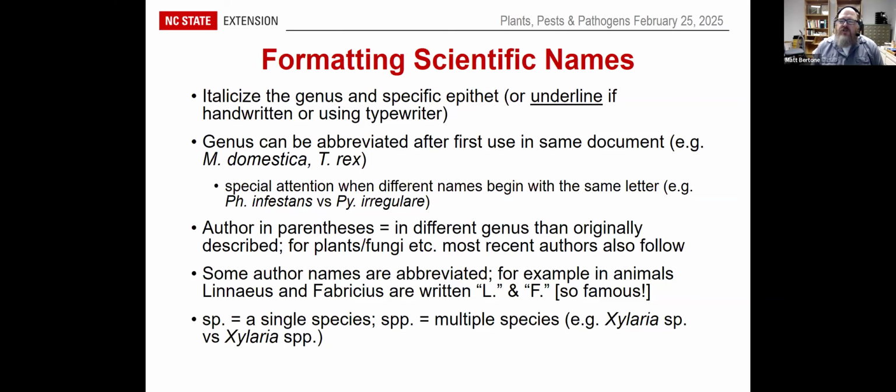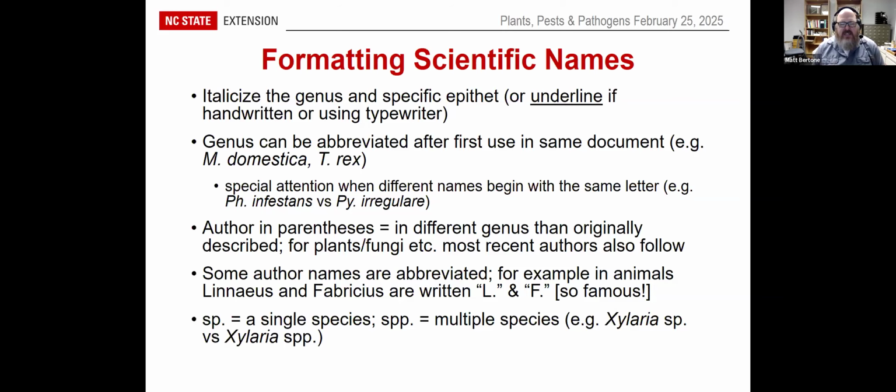For plants or fungi, most recent authors also follow, and we'll see that in a few examples coming up. Some author names are abbreviated. For example, in animals, Linnaeus and Fabricius are written L. and F., because they're the old school originators of a lot of this. And if you want to generalize things, you can reduce the word species to an abbreviation.